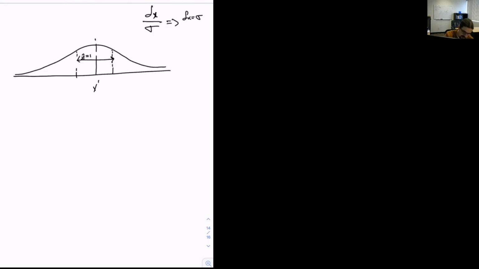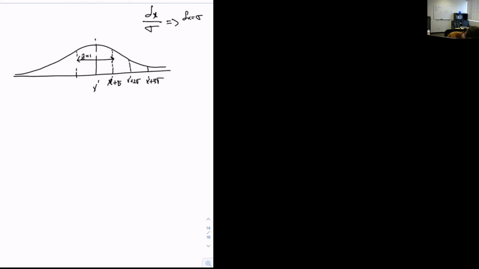So that means this becomes x naught plus sigma, and that's going to become x naught plus 2 sigma, and that's going to become x naught plus 3 sigma.